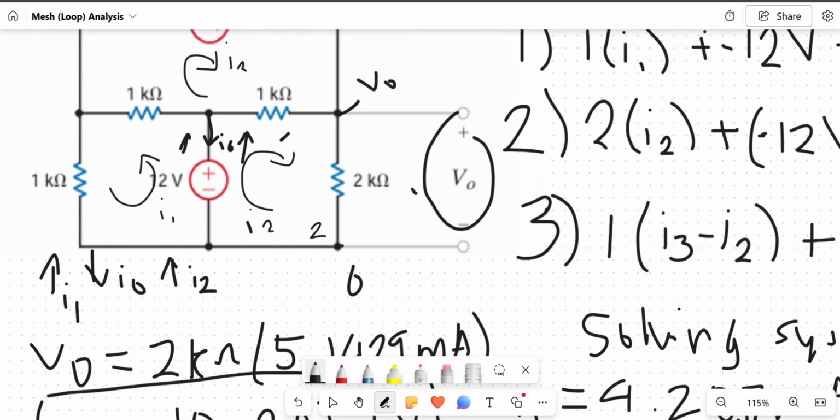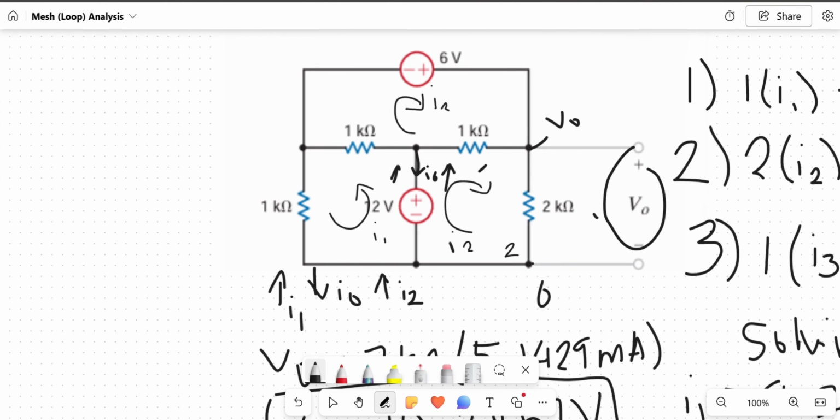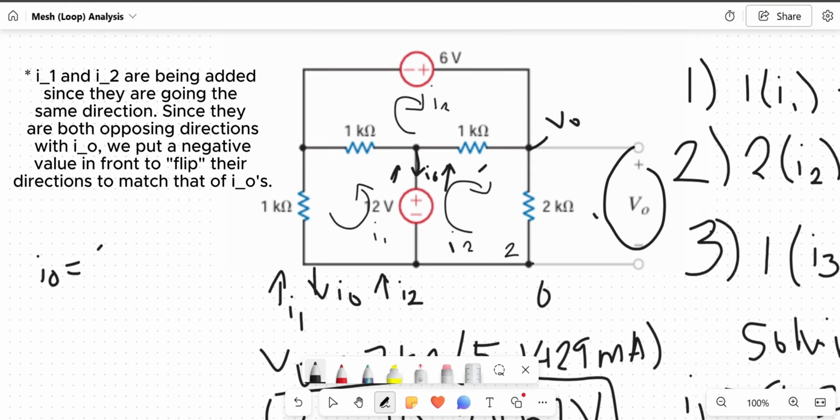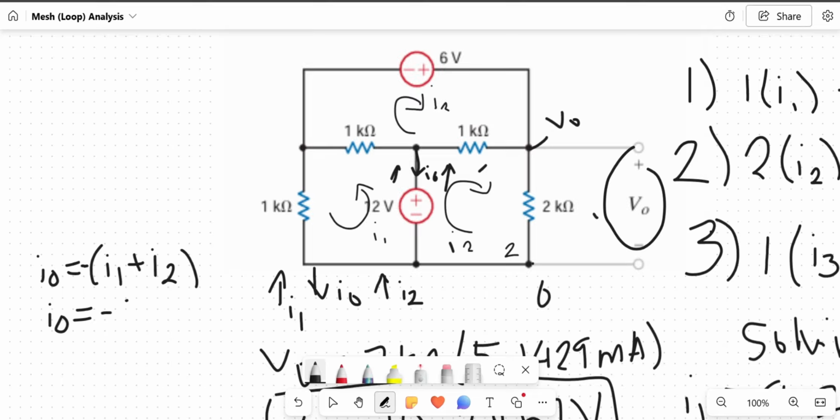The equation for I naught will become I naught equals negative I1 plus I2, since I1 and I2 are going in the same direction, however that is in the opposite direction of I naught. So I naught will become negative 9.4286 milliamps.